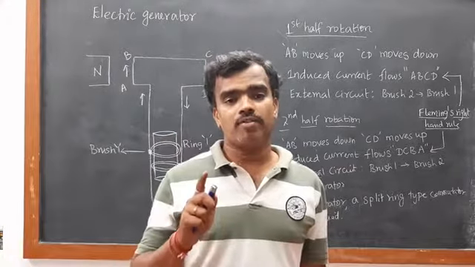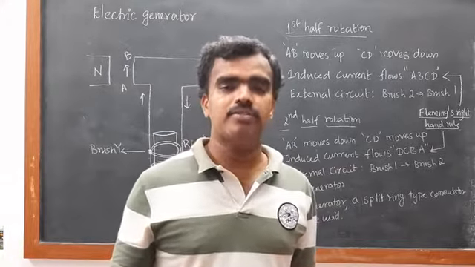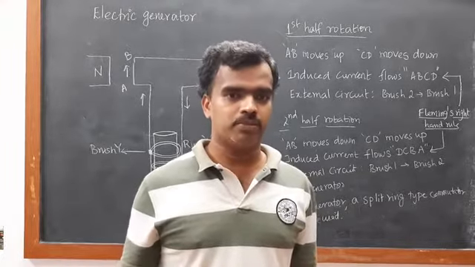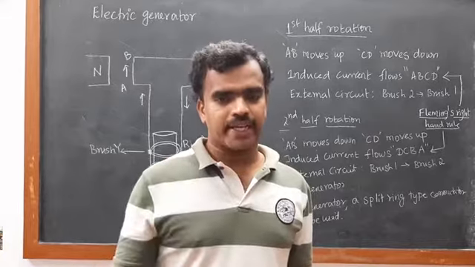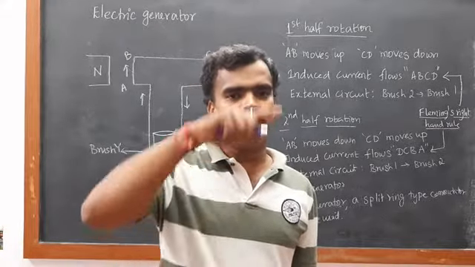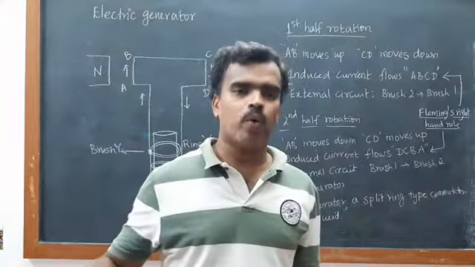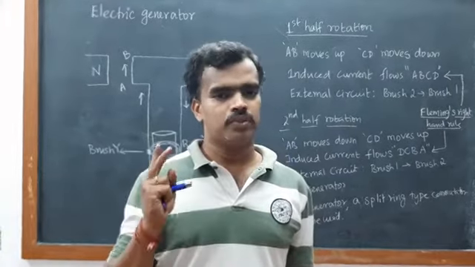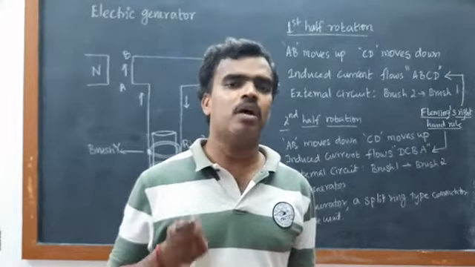The frequency of alternating current is 50 Hz. In 1 second it will vibrate 50 times, and each has 1 upward and 1 downward direction, so 2. Therefore 50 into 2 gives 100. Therefore the time period is 1 by 100.